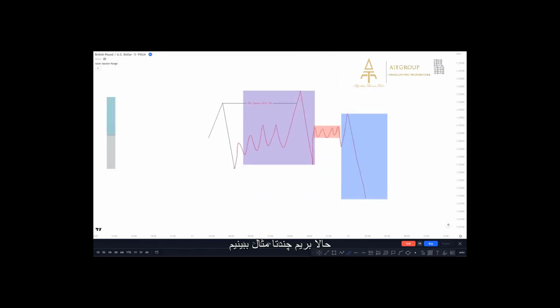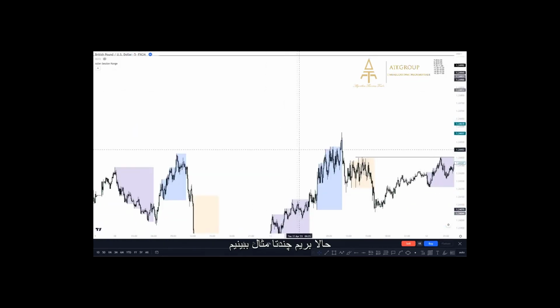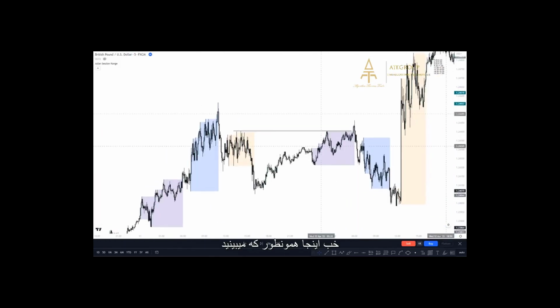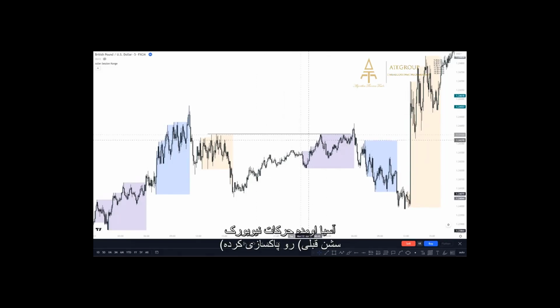Let's go back and let's see some examples. Alright, so right here, as you can see, Asia swept this New York build-up, New York high, London low. Every session's highs and lows are also liquidity points where we can look for some kind of reversal.